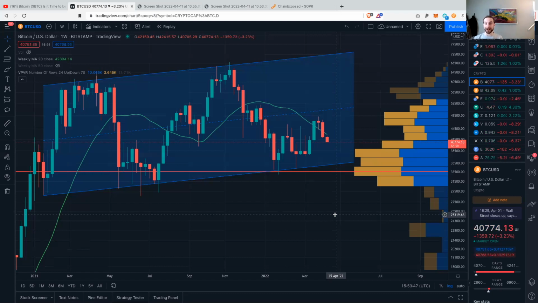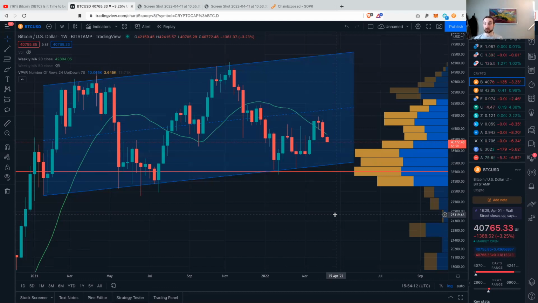I think that for macro investors here, this is not financial advice, but my personal perspective that I think is borne out by the data, is that if your perspective is long-term, then this is a perfectly reasonable area to be dollar cost averaging into the market. That doesn't mean that you're going to see profits immediately necessarily, but it's impossible to catch the bottom with any kind of reliability.